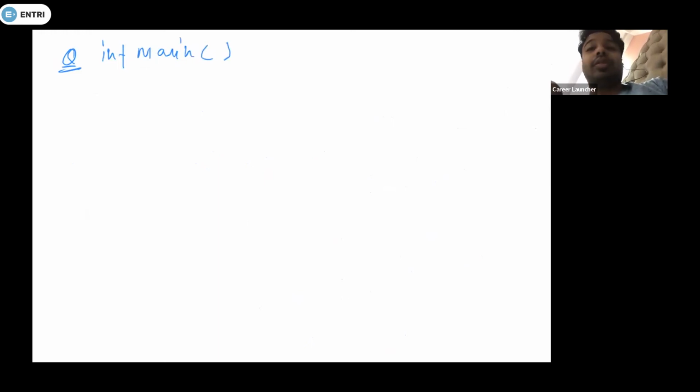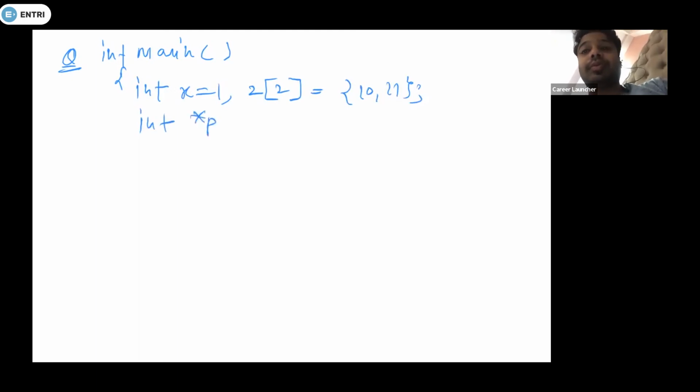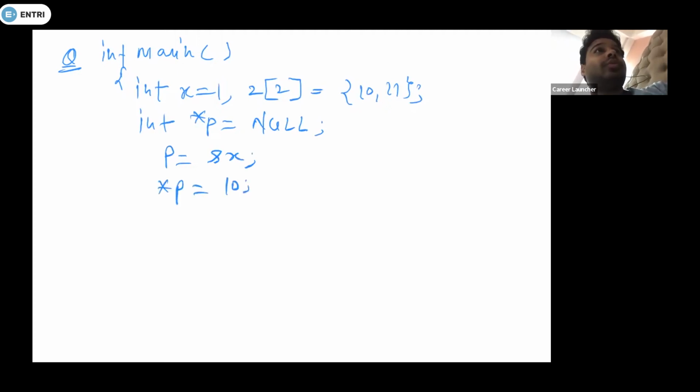Now the next one. There is a C program: int main, int x equals 1, and z is an array of two elements, 10 and 11.